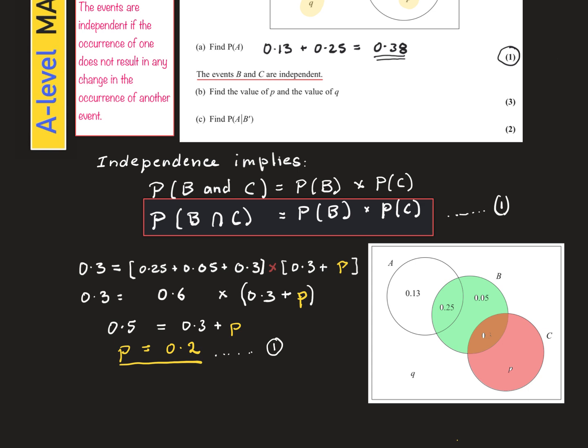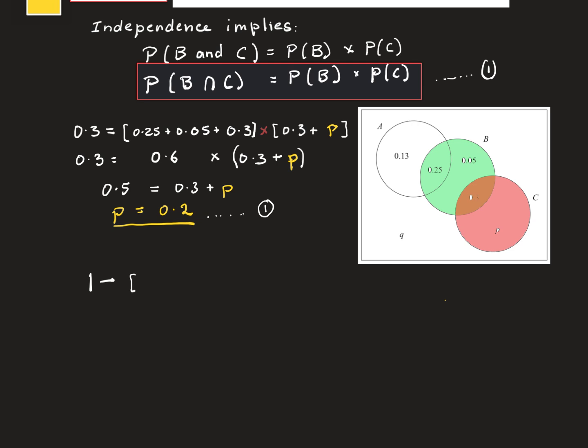Now we need to find Q, but we know that the sum of all the probabilities is equal to 1. So in that case, 1 minus the sum of all these probabilities: 0.13 plus 0.25 plus 0.05 plus 0.3 plus our value of P, which was 0.2.